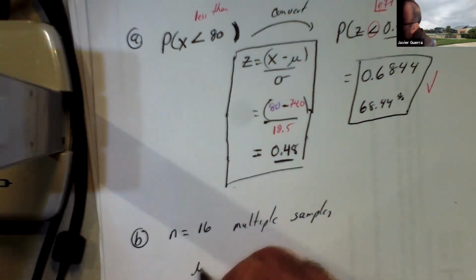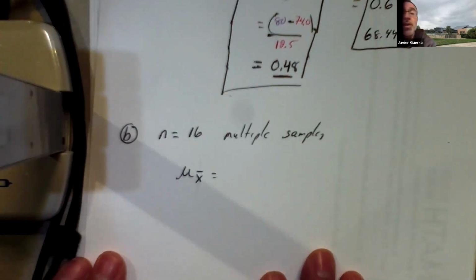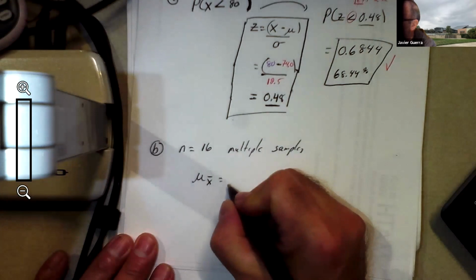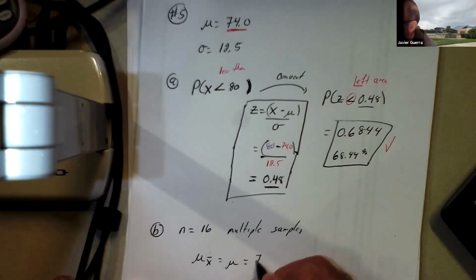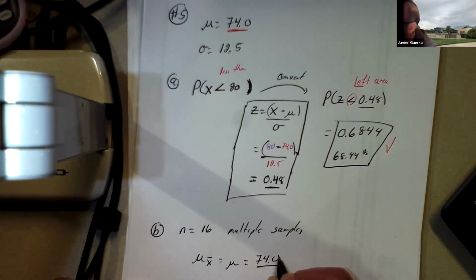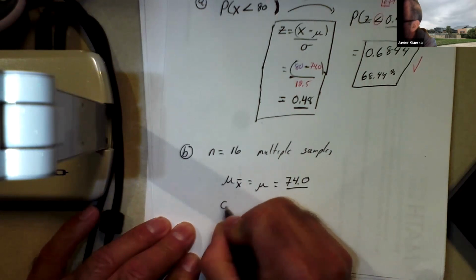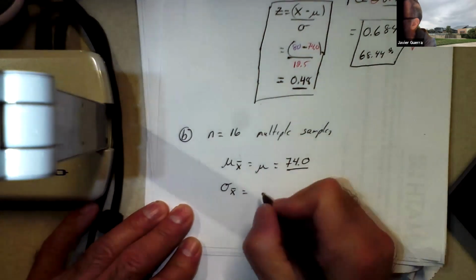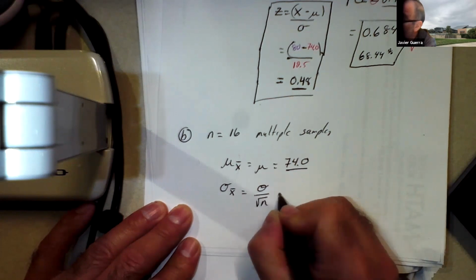And so I want to find mu x bar. Now mu x bar is going to be our original mean. What was my original mean for problem number 5? 74.0. We're going to use the same mean. We always use the same mean. But when we calculate the standard deviation of the sample means, I am going to use this formula: sigma over the square root of n.